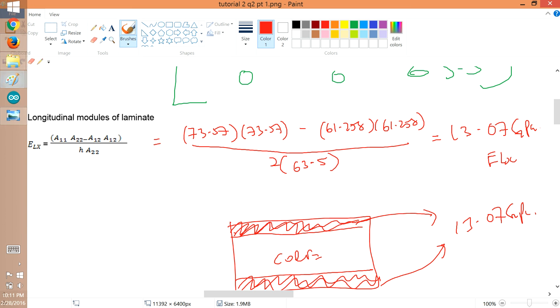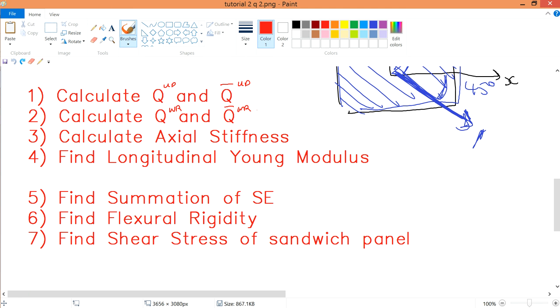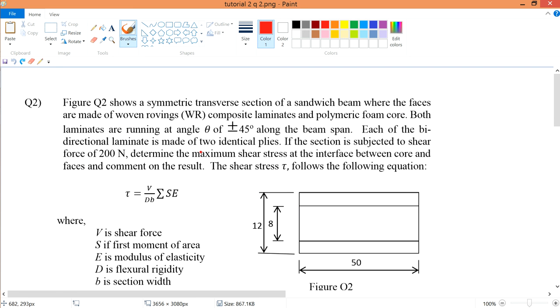And just a recap, we have somewhat reached here already. So we have found this thing, Eox. And the purpose of us getting this is that we are trying to use this value to get our shear stress. If you remember, our objective is to determine the maximum shear stress at the interface between the core, this is the core, and the faces.